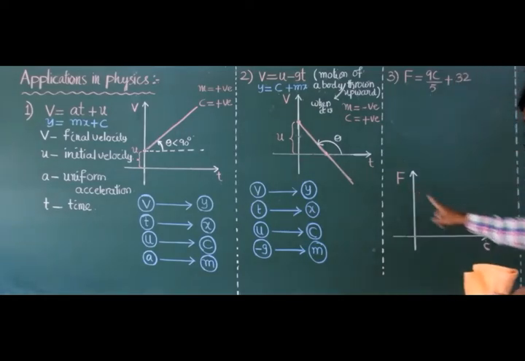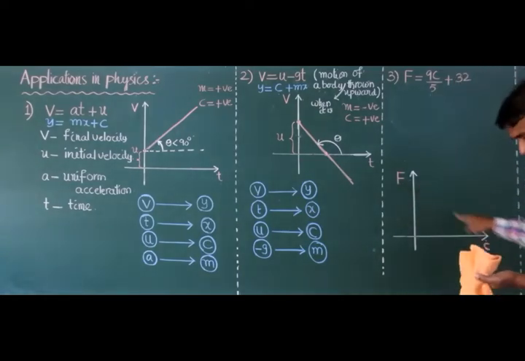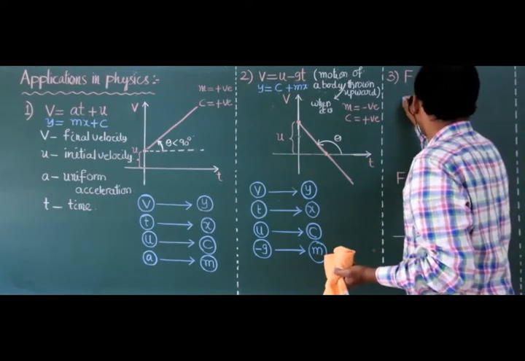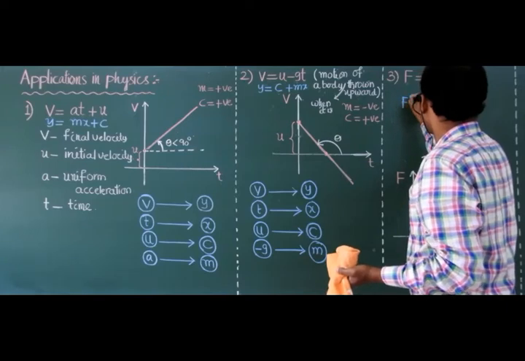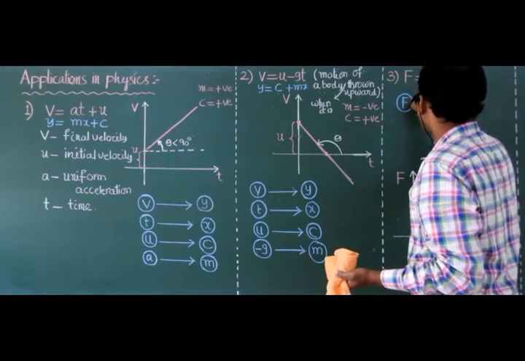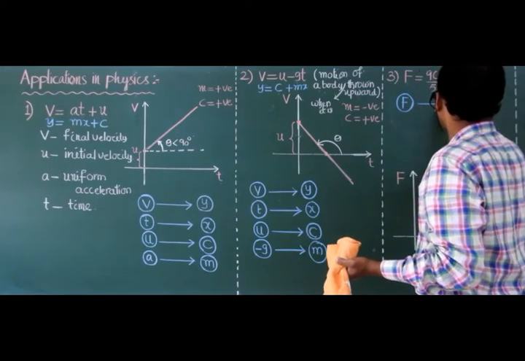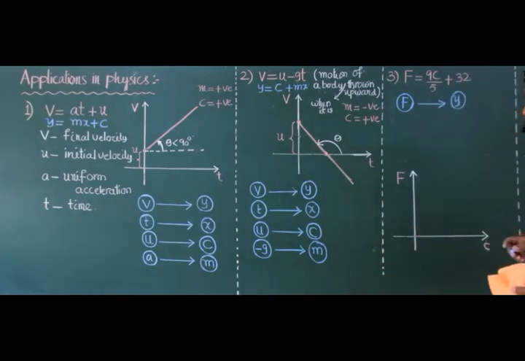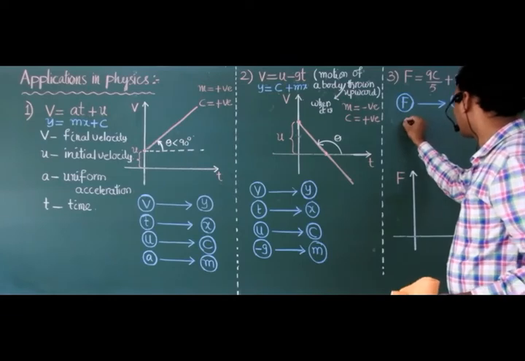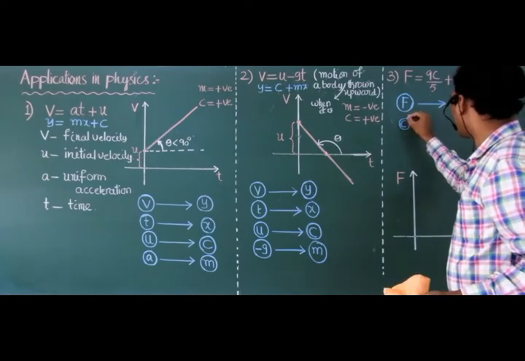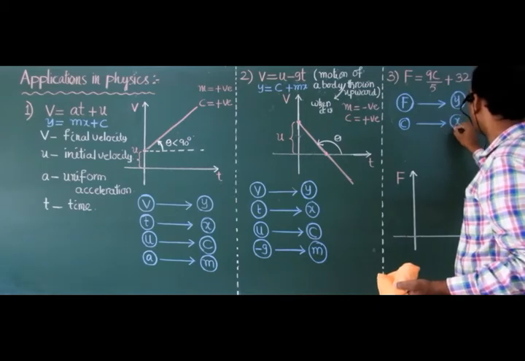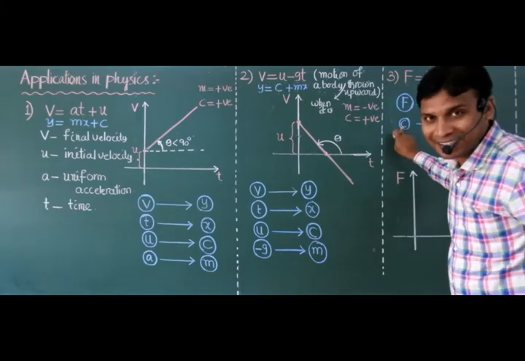Now, here it is a graph between F versus C. Shall I write like this, similar to this? F equals y. Right? The next, C equals x. Students, C is not the intercept.